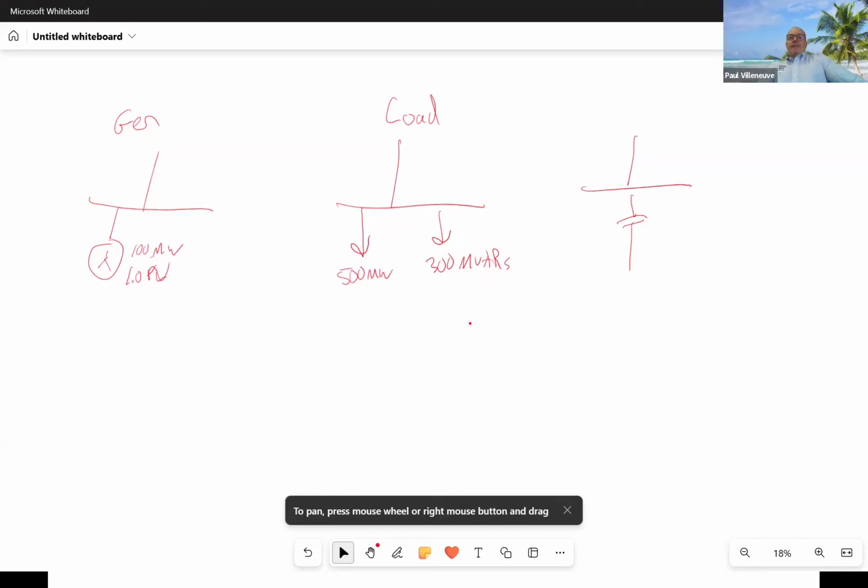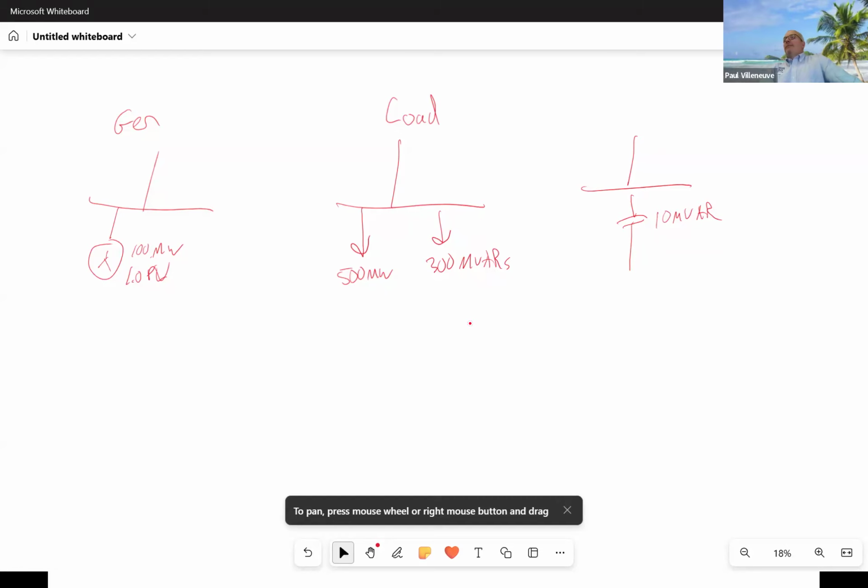Yep. So I put a capacitor here, and let's say it's a 10 megavar capacitor. What kind of bus is that? Load, gen, or slack? Slack? Load. Load? Why is it a load?